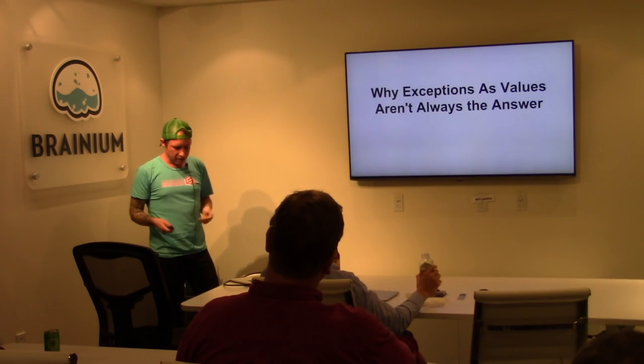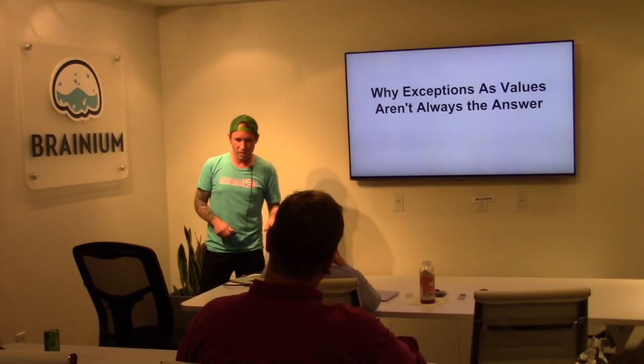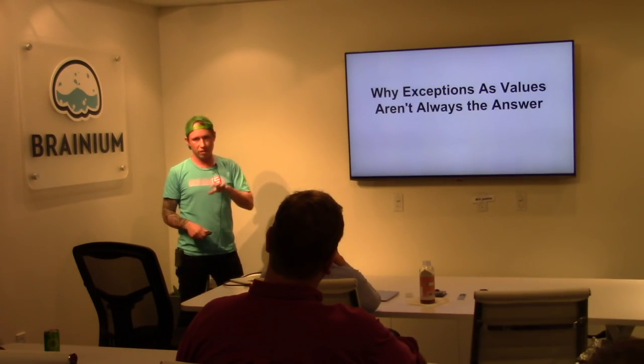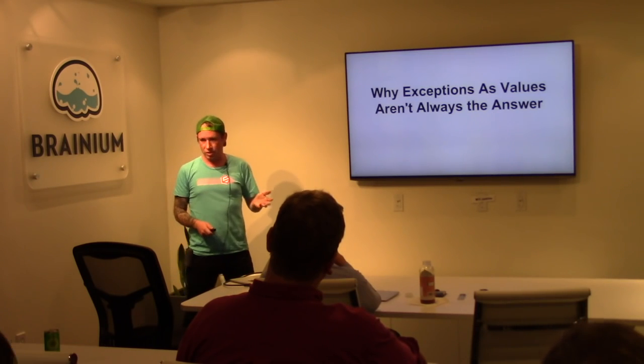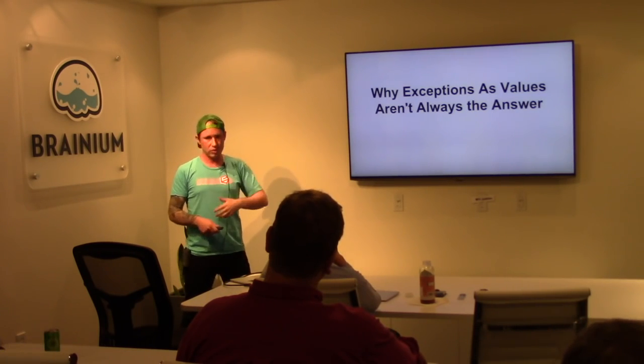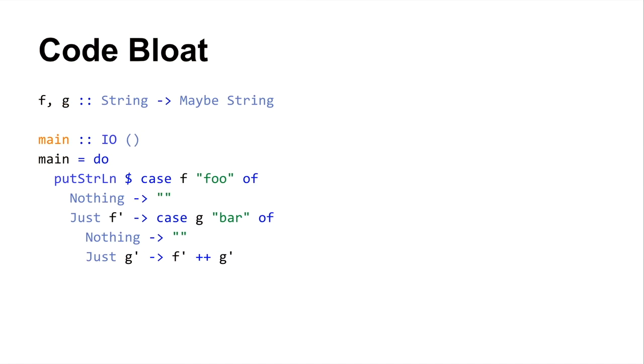Okay, so I was digging into the papers that ultimately resulted in the incarnation of exceptions that we see in the language today. And they provided some justifications for why exceptions as values isn't always the way to go. One of the things they mentioned was code bloat. Let's say you've got these two functions, f and g, which are from String to Maybe String.